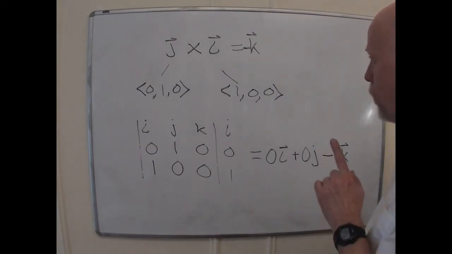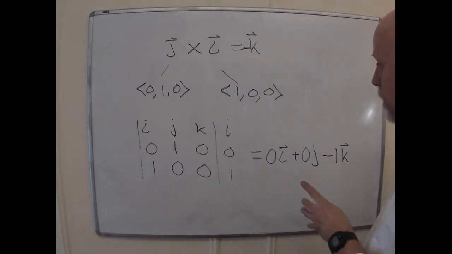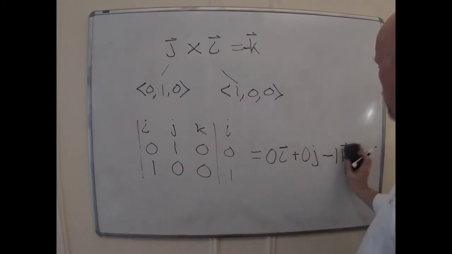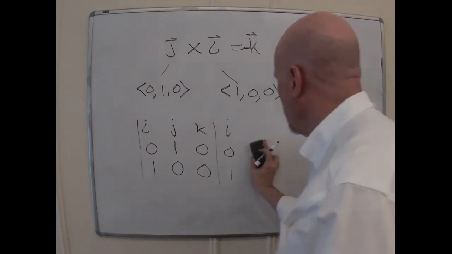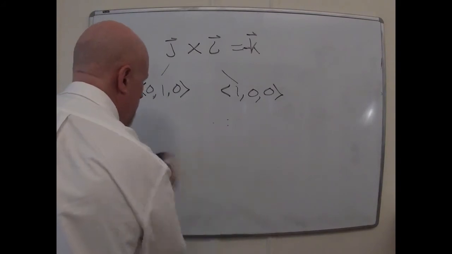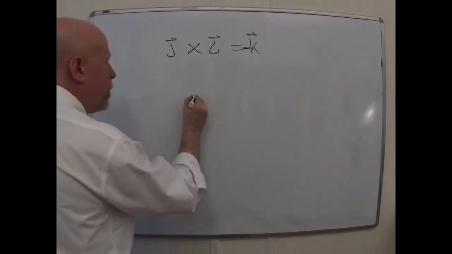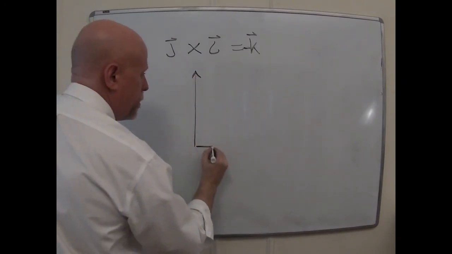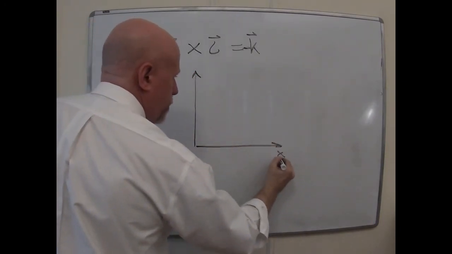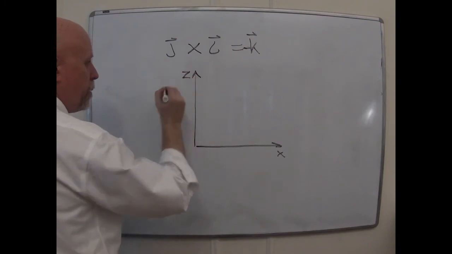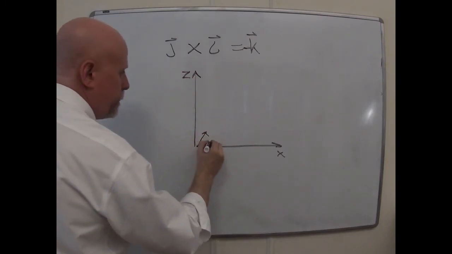You can do the computations I've just done also geometrically. So let's take a quick look at that. In that standard way of drawing 3D space I showed you before, with x off to the right and z vertical and y going into the board.